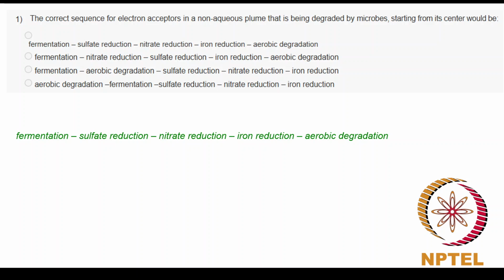Then nitrate reduction, iron reduction, and aerobic. In aerobic degradation, it is completely filled with microbes and oxygen. Okay, so this is how it is done. Please read this properly so that we can move forward with the next question.